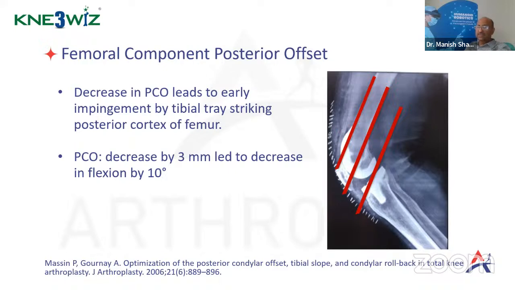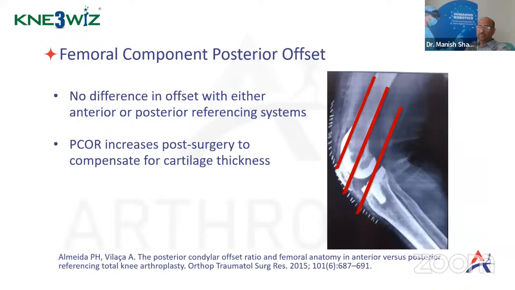So a decrease by 3 mm led to a decrease in flexion by 10 degrees. Important to note that there is no difference in offset with either anterior or posterior referencing systems. So whatever you are conversant with, anterior or posterior referencing systems, you can use them safely.